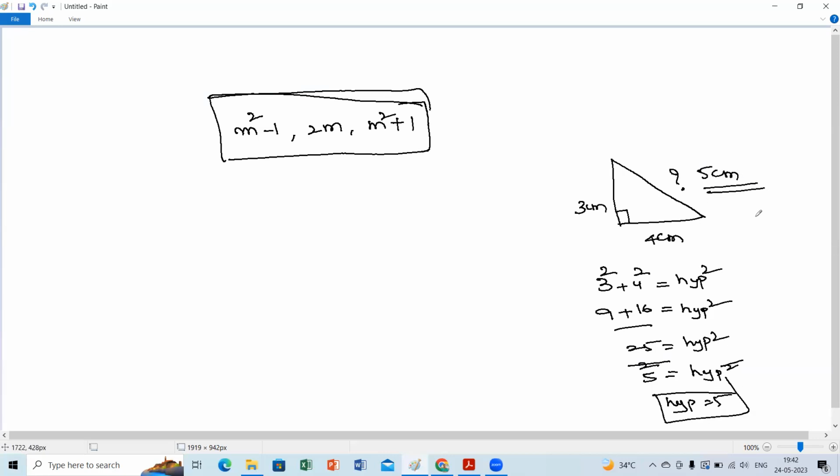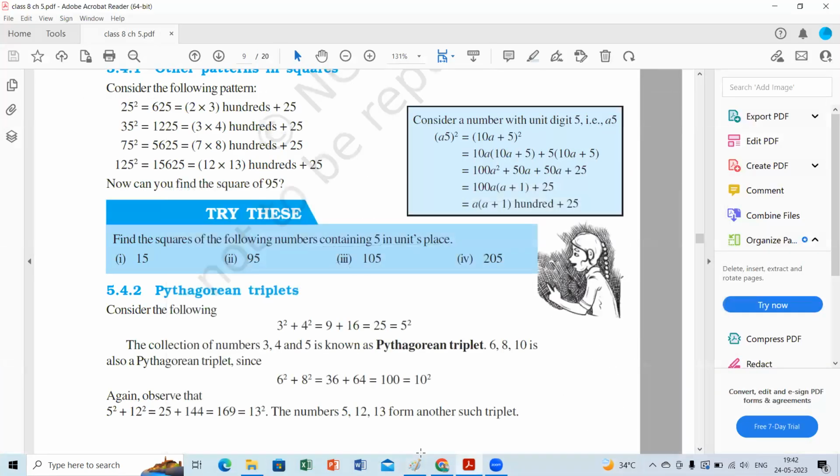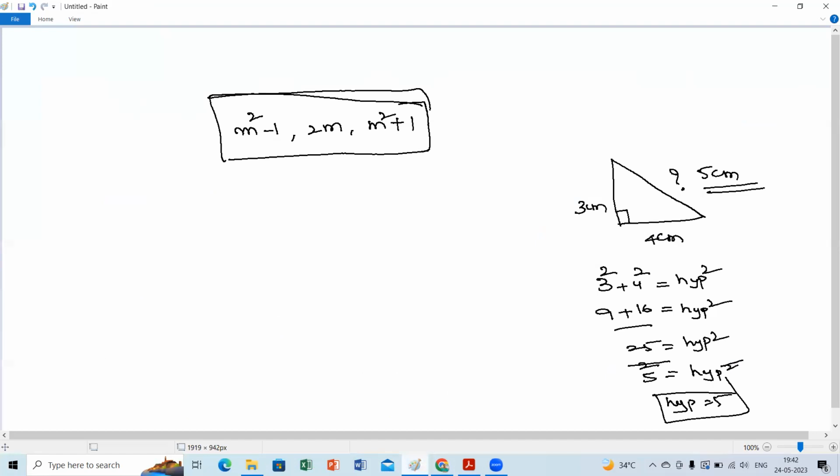This is a well-known fact about the Pythagoras theorem. Now coming back to the question, can you please check whether 6, 8, 10 are Pythagorean triplets or not? Come on, children.